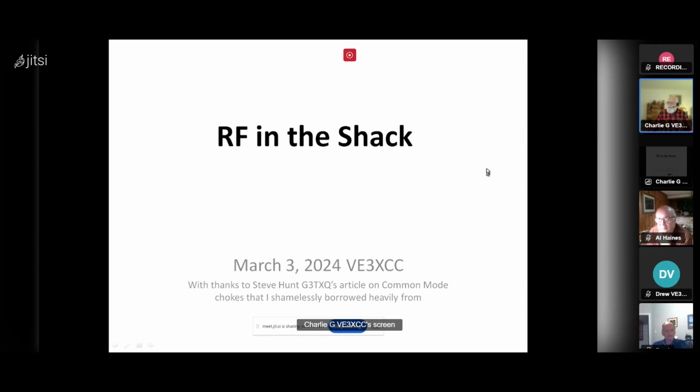After much digging into an RF in the shack problem I was having a while back, I found an interesting article by Steve Hunt in the UK, who really was talking about common mode chokes. There's a lot of material here I stole from him. There's also some additional material from some corporate presentations that I think might be worthwhile looking at.